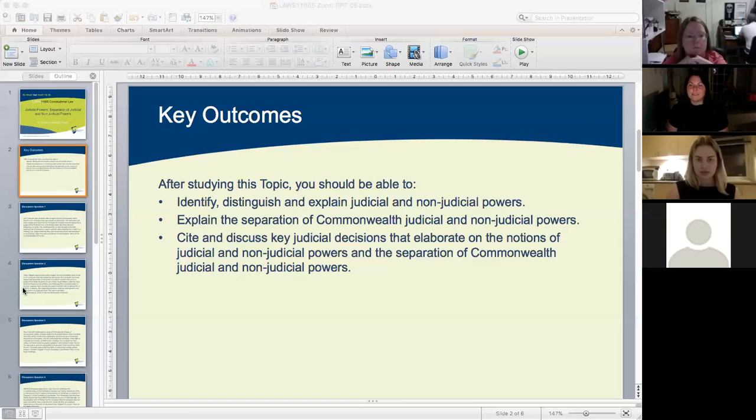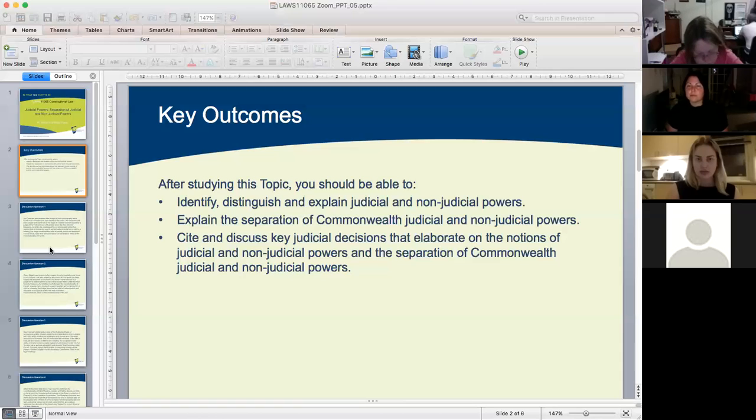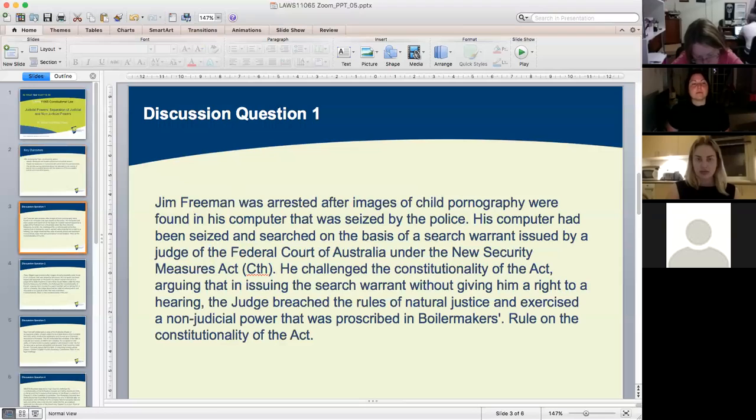We're going to be going through 4 tutorial questions tonight, and these 4 tutorial questions should enable us to dig deeper into this topic. Okay, so question 1. Jim Freeman was arrested after images of child pornography were found in his computer, which was seized by the police. His computer had been seized and searched on the basis of a search warrant issued by a judge of the Federal Court of Australia under the New Security Measures Act, Commonwealth.